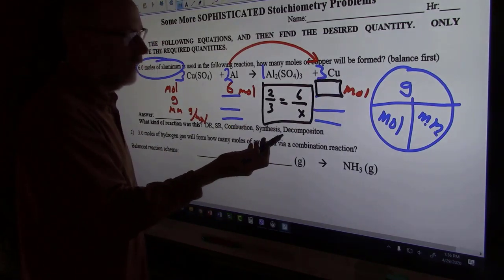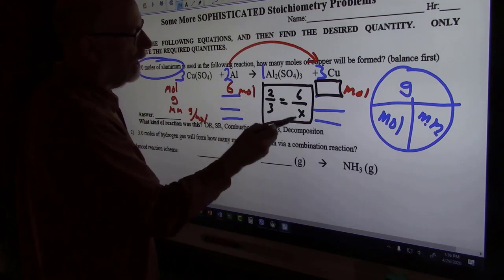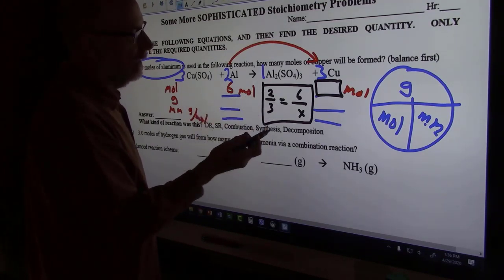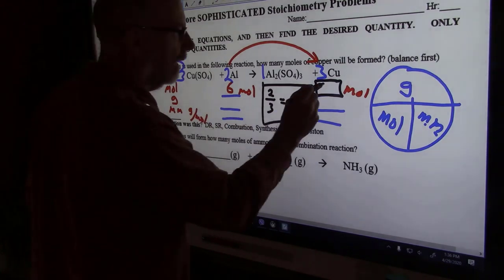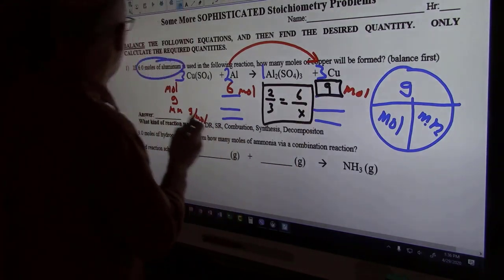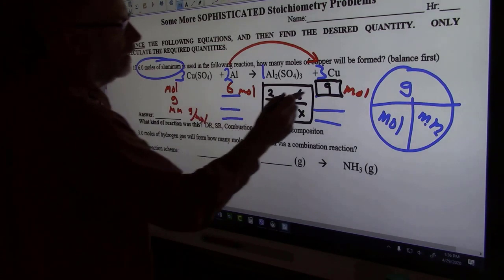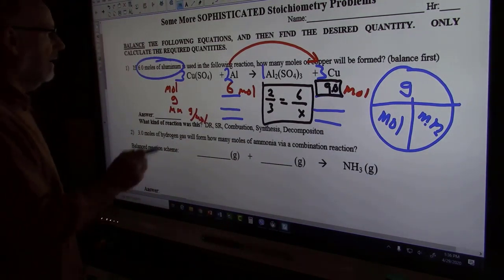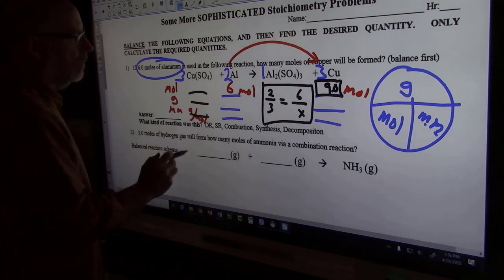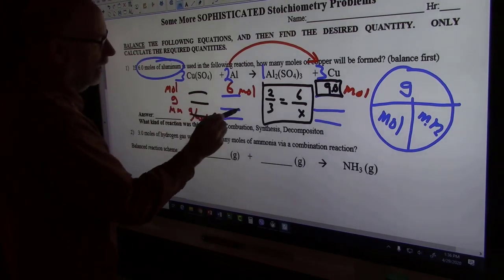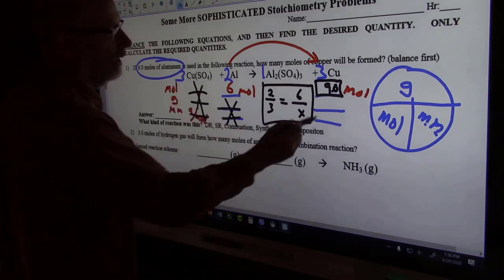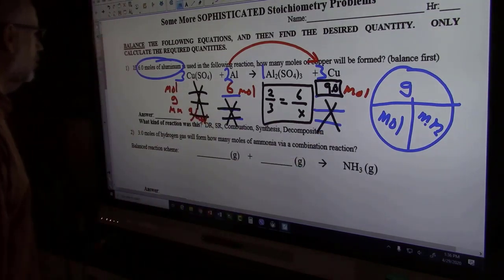Now if you're going to solve this in algebra class, you'd cross multiply: 2x equals 6 times 3, which is 18, and then you divide each side by 2, and that gives you 9. We're supposed to have 2 sig figs, so I think it's 9.0 moles. That problem is done. You didn't have to do anything underneath copper 2 sulfate. You didn't even have to do the grams or the molar mass here. You didn't have to do that here either. This problem was super easy.